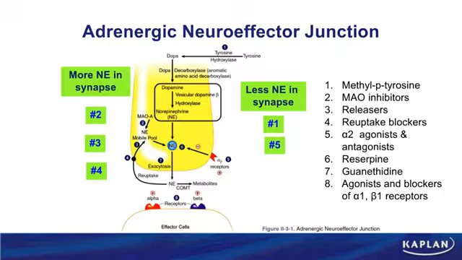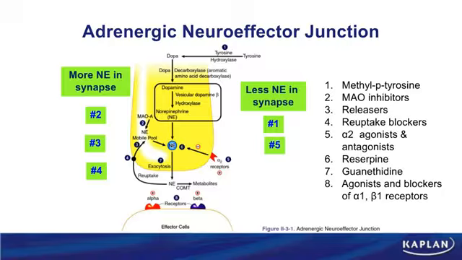On the other hand, if you used an alpha-2 antagonist, if you block that negative feedback mechanism, this nerve will continue to release norepinephrine. So a way to decrease norepi in the synapse would be to stimulate that alpha-2 receptor. I suppose we can add alpha-2 antagonist to drugs that can actually increase norepi in the synapse.